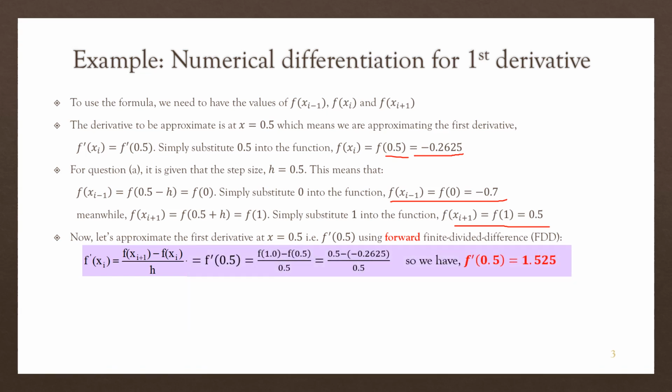So we simply substitute the values into the formula. So we have the first derivative at x equal to 0.5 equal to 1.525. This is the approximation of the first derivative at x equal to 0.5 using forward finite divided difference.